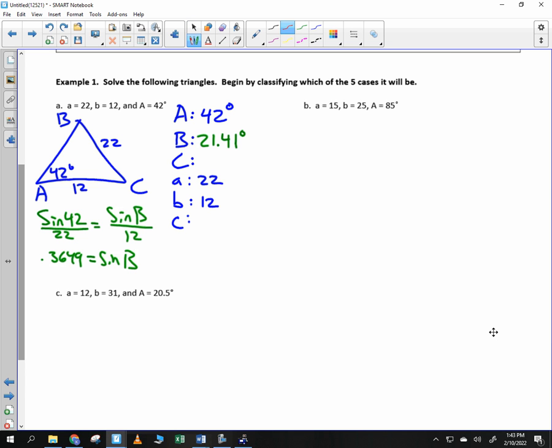It does not work because you're not in a right triangle. All right, somebody, angle C. And side C? 29 point. Any questions there? Going once, twice, 3 times. Great. Let's move on to the next one.